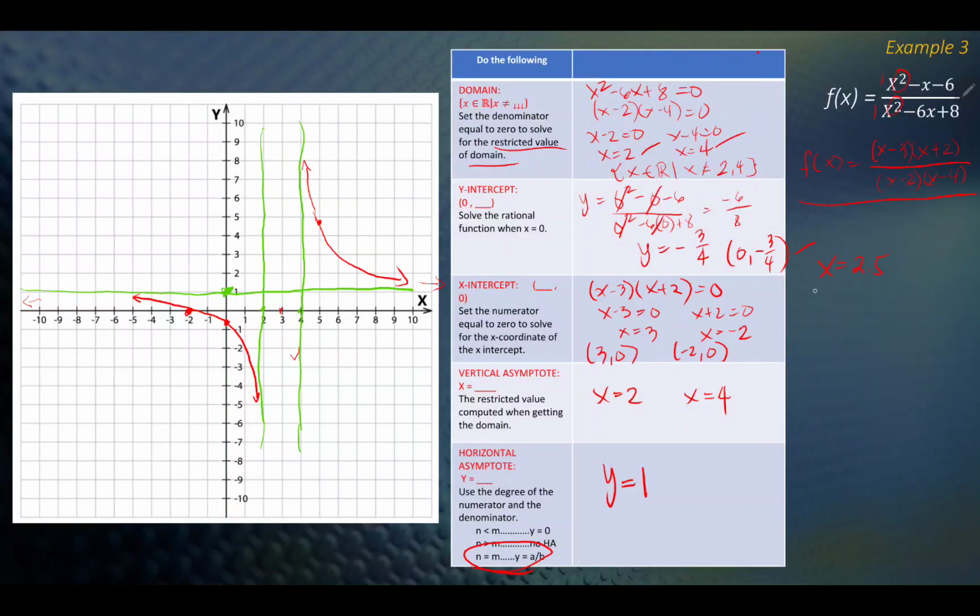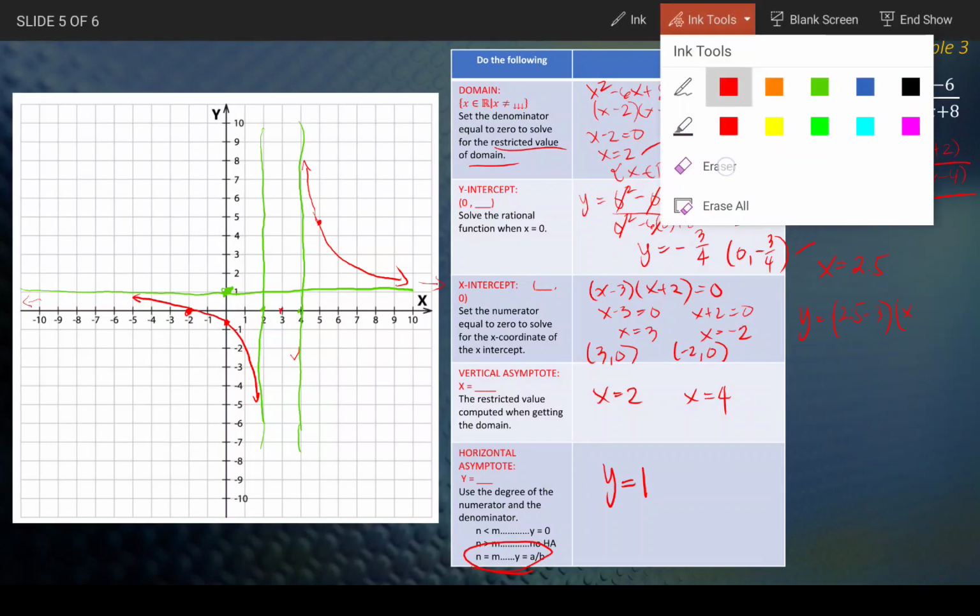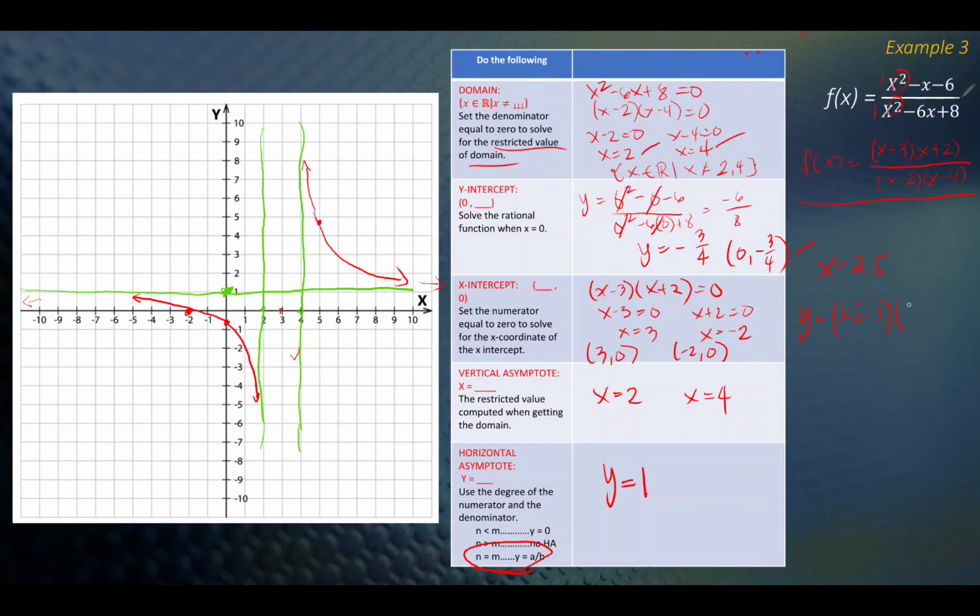So, for x equals 2.5, we have y equals (2.5 minus 3) times (2.5 plus 2) all over (2.5 minus 2) times (2.5 minus 4).